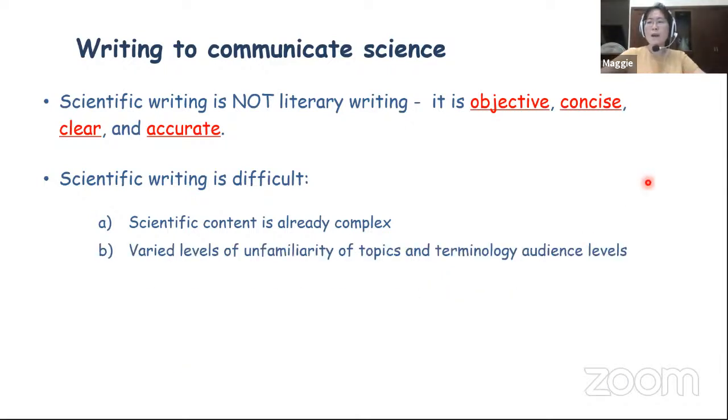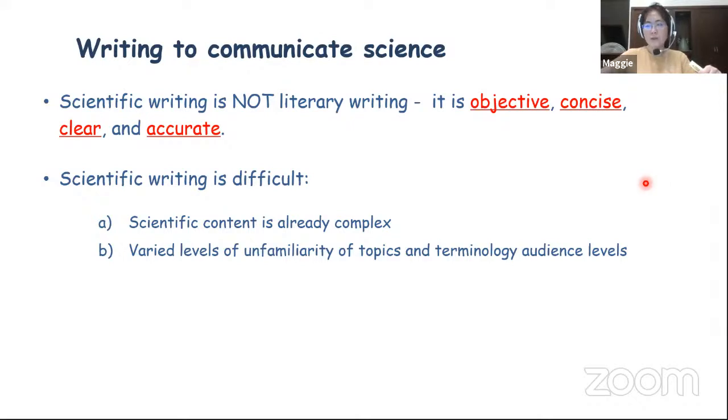And then there are varying levels of unfamiliarity with topics and terminology among audiences, which means that the readers have different levels. Some of them are experts in this field. However, some of them are only young trainees in the field. So they have different understanding of the knowledge of this field, and they may have different difficulties in reading these scientific writings.